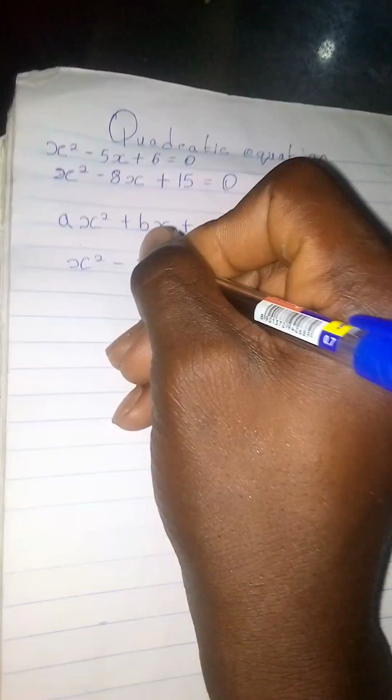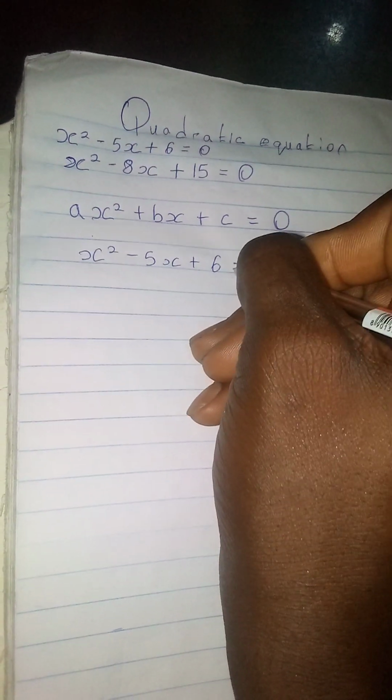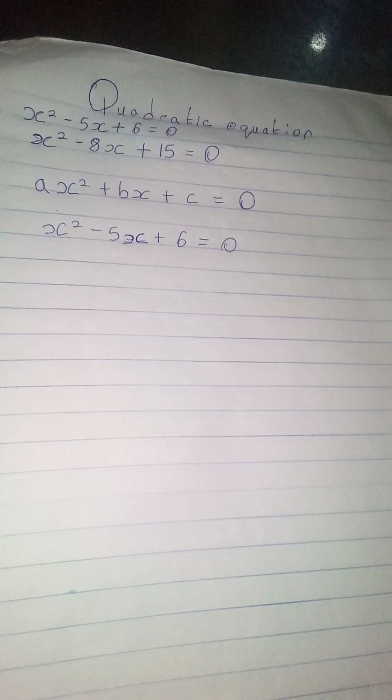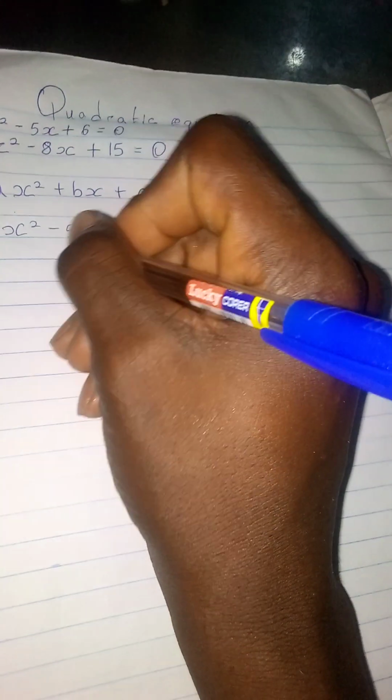Now let's take a look at the first equation we have here, which is x squared minus 5x plus 6 is equal to 0. First of all, I'll teach you the normal factorization method, then I'll teach you my shortcut method of solving it, which is the trick. We are going to first look for the factors.